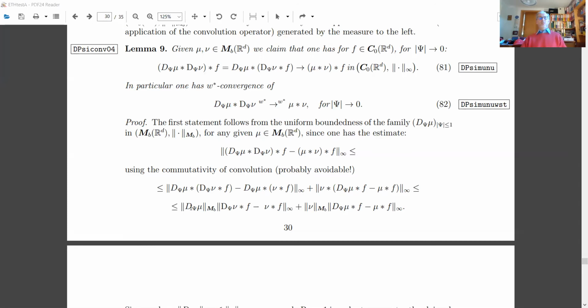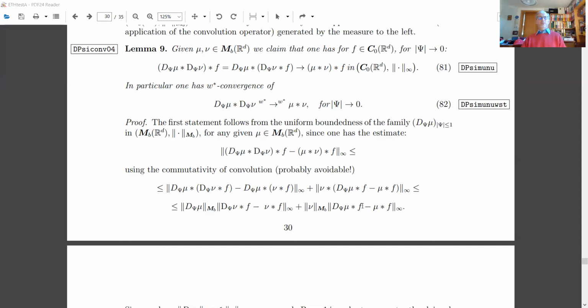But now we can apply the distributive law: this is D psi mu applied to, on the first hand side, the discrete nu with f, and here the continuous nu with f. So you have only a difference of the form that we know will go to 0 if you make psi fine enough. And in the second, we have pulled out the nu now, that's a fixed number, and you have a rest which is coming from the discretization of the mu.